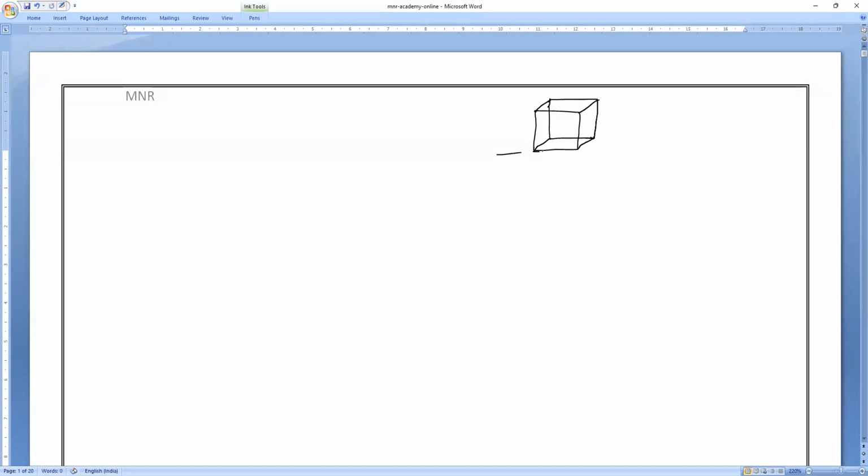Only the surface which is in contact will experience the pressure. That is why we say solids always exert pressure in only one direction.